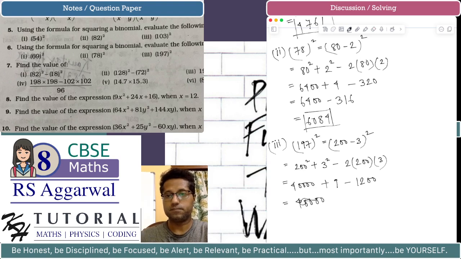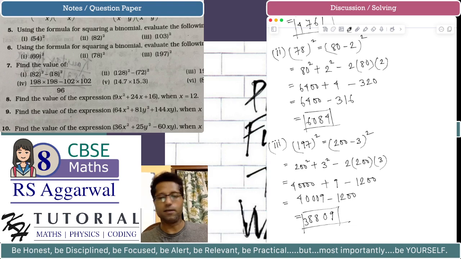So you can write it as 40,009 minus 1200, which is equal to 38809. Let me check if this is correct or not. 197 multiplied by 197 is 38809. Okay.